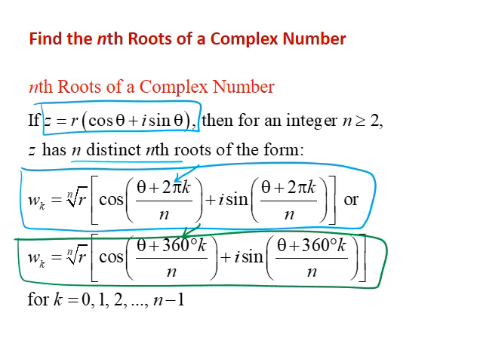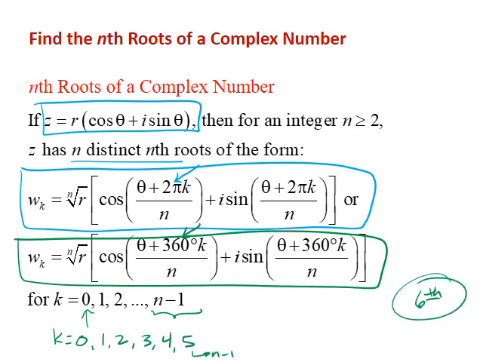Now, if I want to find the nth root, I am going to calculate this n times, where k starts at 0 and goes up to n minus 1. For example, if I want to find the 6th root of something, I will plug in k equals 0, 1, 2, 3, 4, and 5, because 5 is n minus 1 in this case.